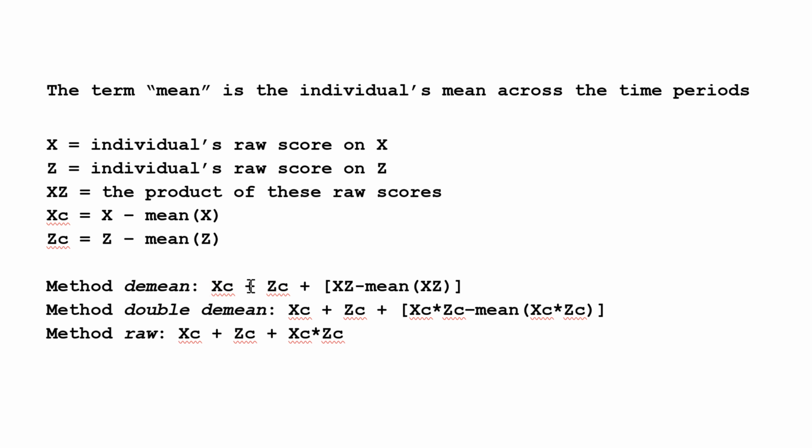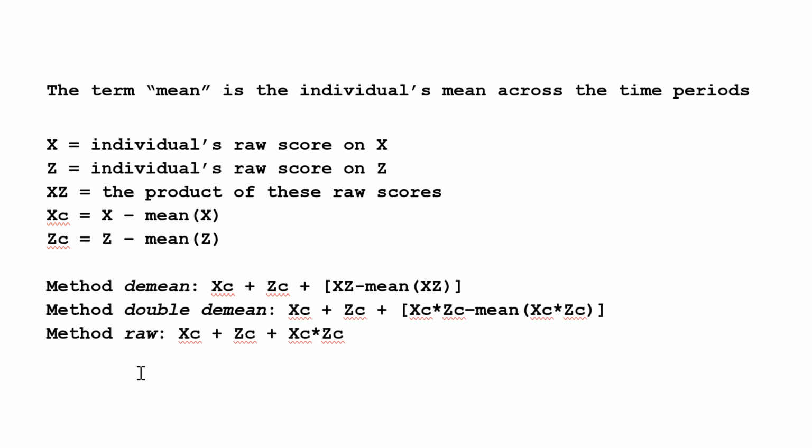And then the product term portion of the model is the 2 component parts plus the raw product minus the mean of that product. And this is a traditional way in which it's been used. The double demean approach works with the centered scores in this way and then also subtracts the mean of the centered scores.